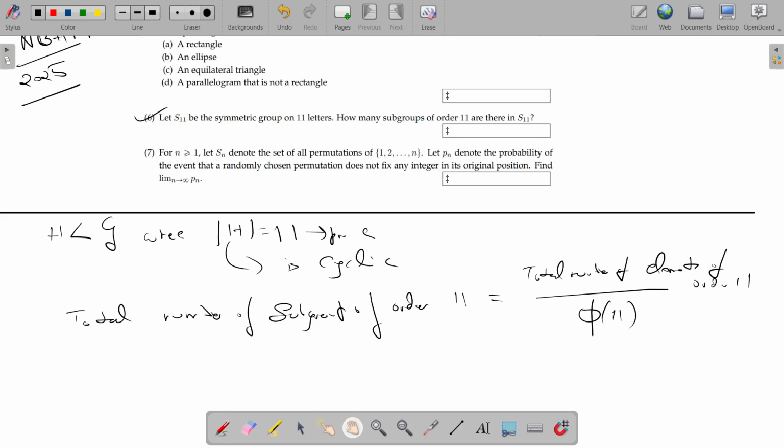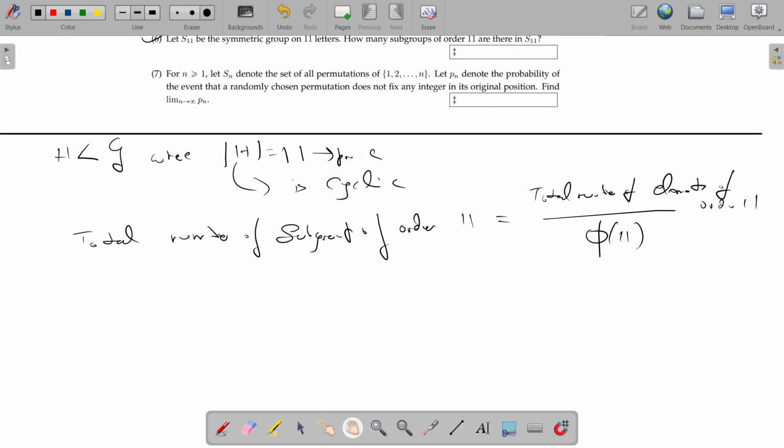Now since 11 is prime and this is in S11, let's say sigma belongs to S11. We will have a cycle of length 11, because only a cycle of length 11 will have an order of 11, right? Because 11 is prime.